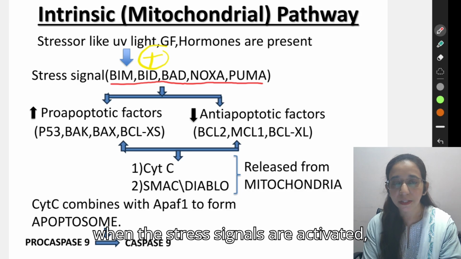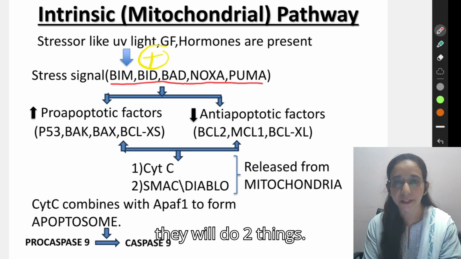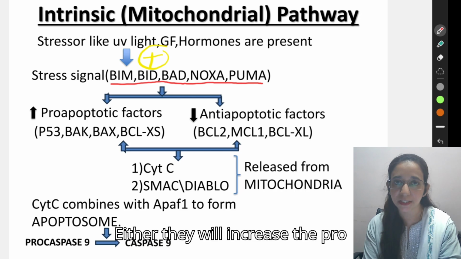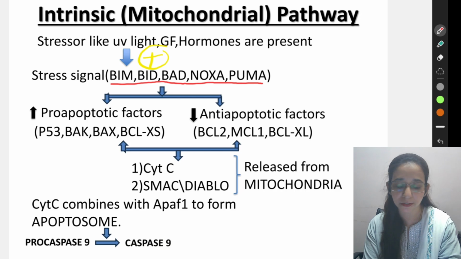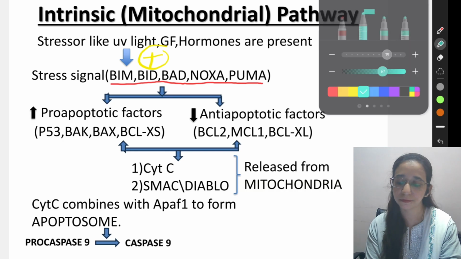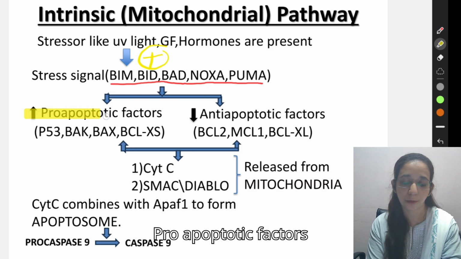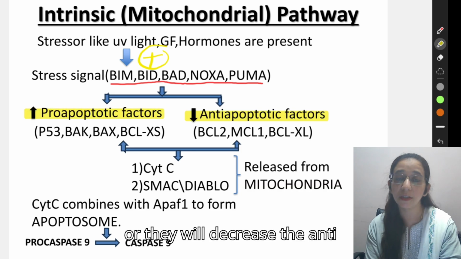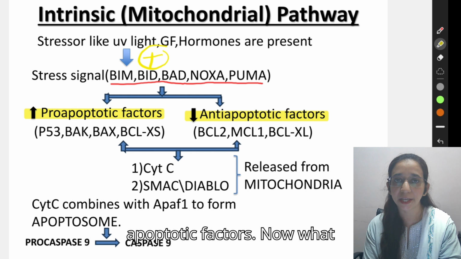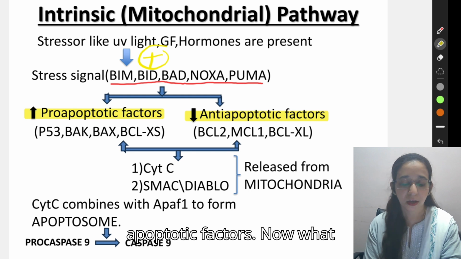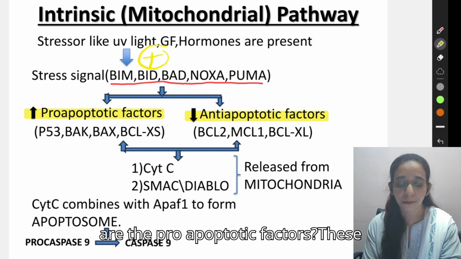Now, when the stress signals are activated, they will do two things. Either they will increase the pro-apoptotic factors or they will decrease the anti-apoptotic factors. Now, what are the pro-apoptotic factors?